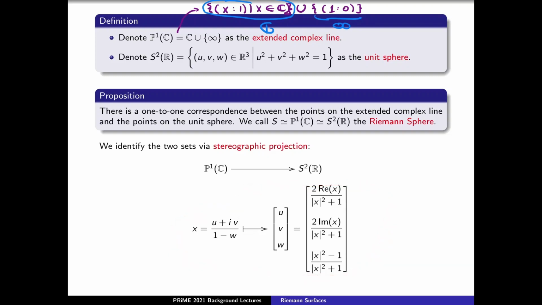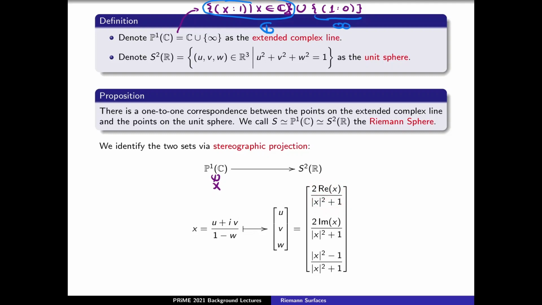The way that this map is defined is that we take some x in P1C, and we map that x to the following element in the unit sphere. We map x to the following x-coordinate: twice the real part of x, over the modulus of x squared plus 1.